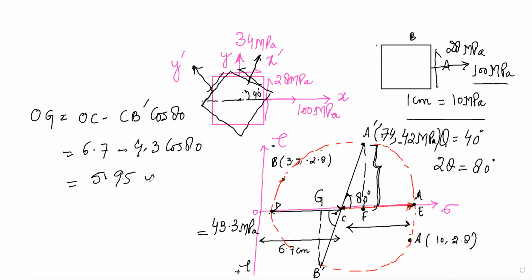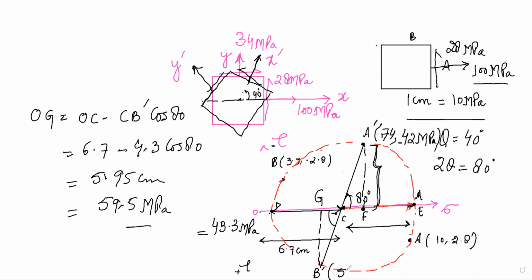That's approximately 6 centimeter, equal to 60 megapascal. But if you don't write it approximately, that will be a better choice. So it is 5.95 centimeter, that is 59.5 MPa. So how much is the normal stress at point B prime?